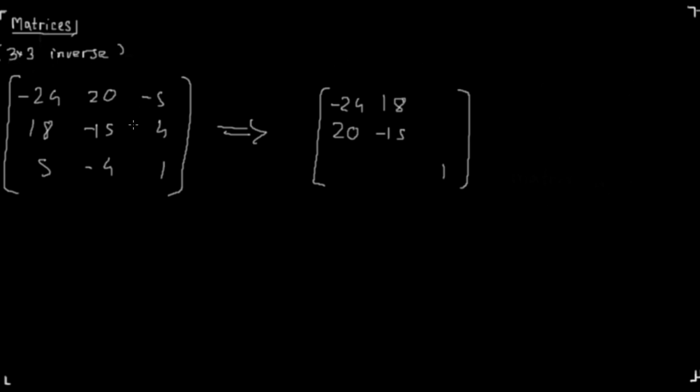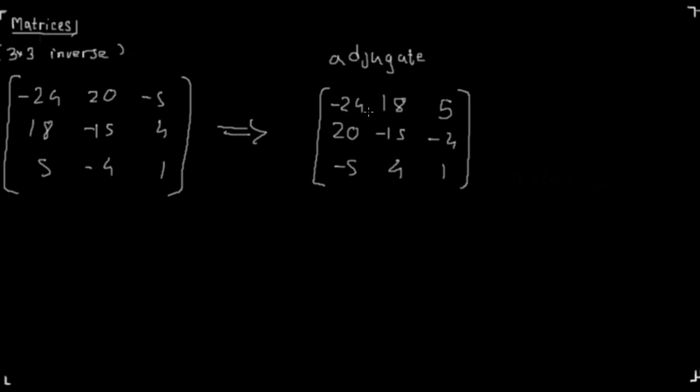Now 5 and minus 5, we're going to swap them. So minus 5, and 5 here. Minus 4 and 4, we're going to swap them. So 4, minus 4. Let me see if I got everything right. Yeah, I did. So this is the adjugate. Adjugate just means finding the reflection off of the diagonal.